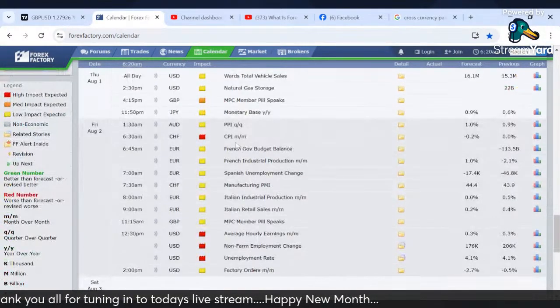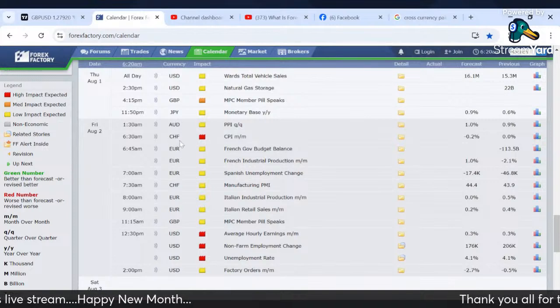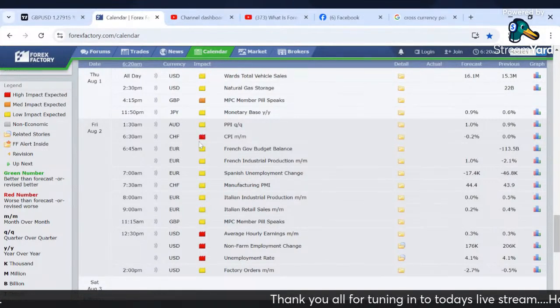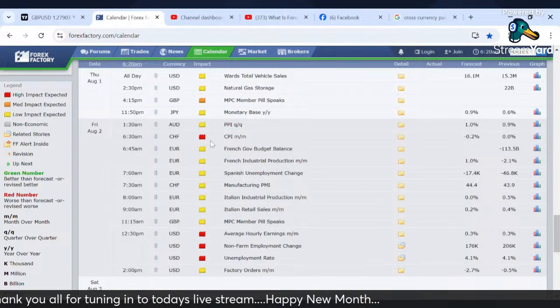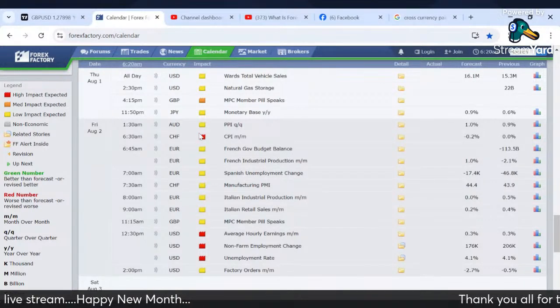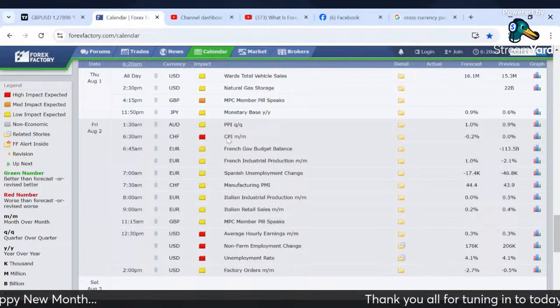And tomorrow too, you have CPI for the Swiss franc, which is going to be a high impact news that is going to affect the pound currencies. It is going to affect all the pairs around the London session, because this is very high impacting. I remember this news has messed me up before.